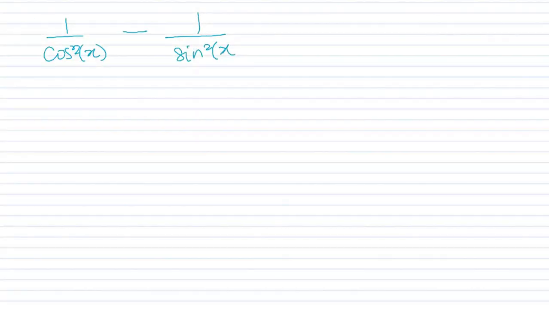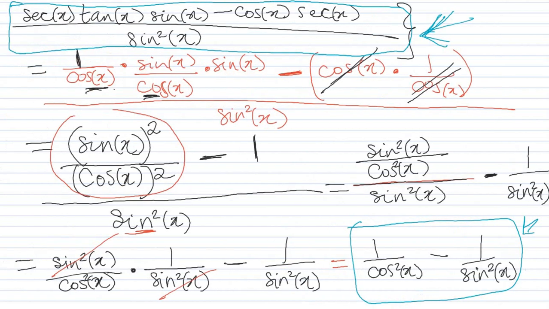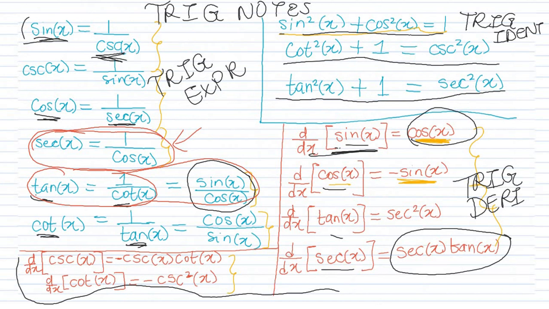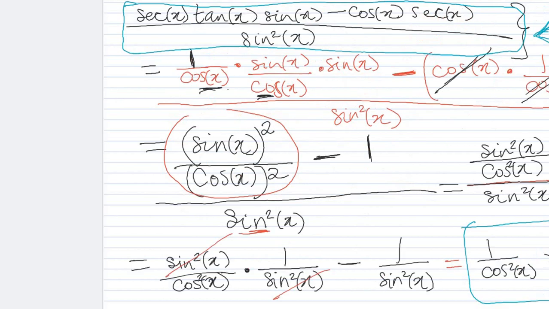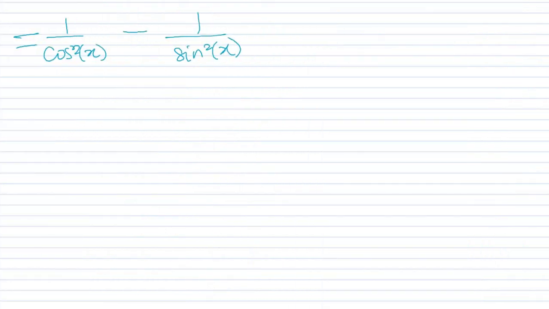So what are we going to do? Well, we can go back to our trig notes and look for a way to work with it. Well, 1 over cosine x here is the same thing as secant x. So 1 over cosine squared x is going to be the same thing as secant squared x, right?